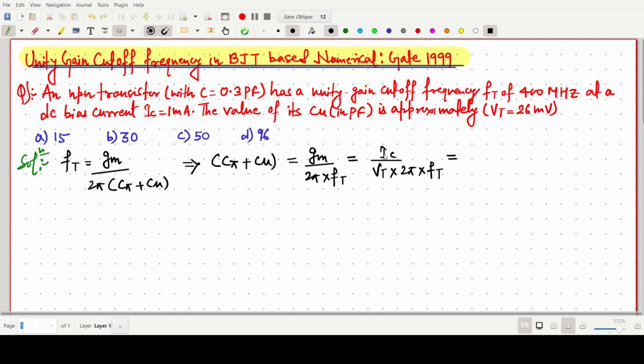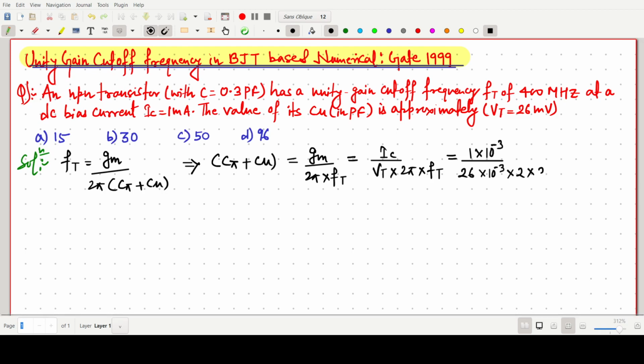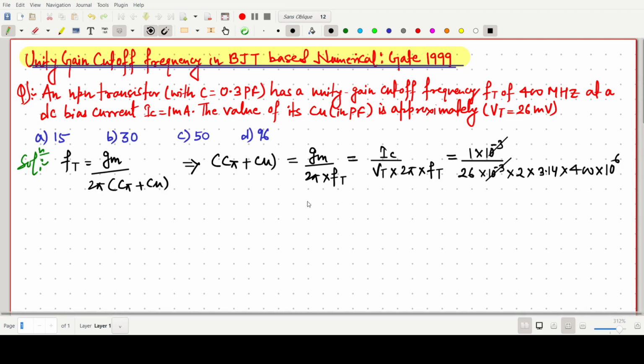IC is around 1 milliampere, so 10 to the power minus 3. Vt is 26 millivolt, so 10 to the power minus 3, and 2 into 3.14, or pi. Ft is 400 megahertz, and mega means 10 to the power 6. So these powers should cancel out.